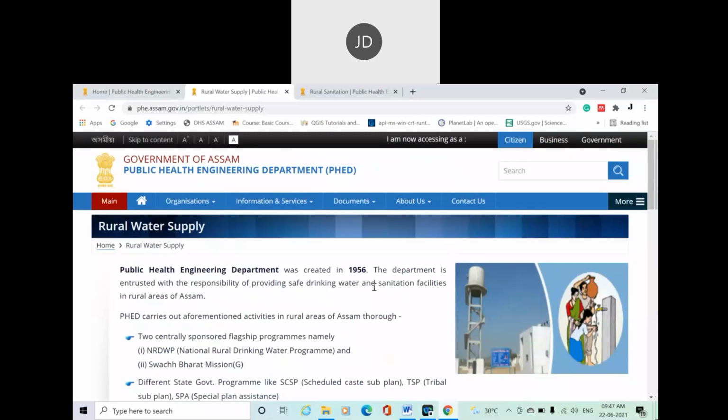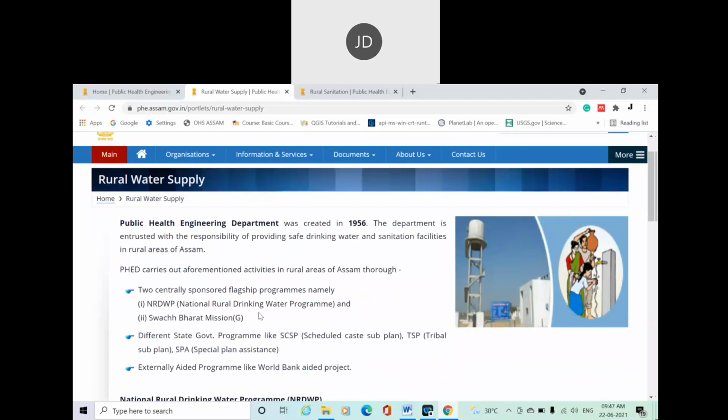You can also study the programs adopted by the Government of India for the development of rural areas, especially in terms of water supply and on-site sanitation, like Swachh Bharat Mission.